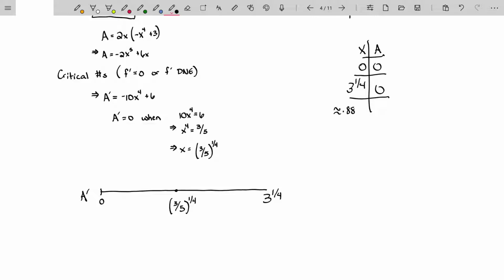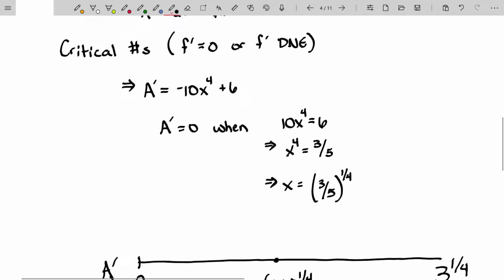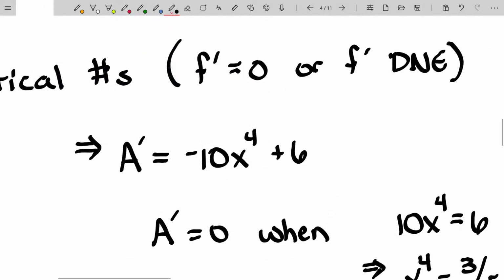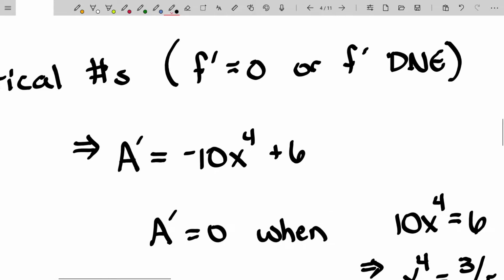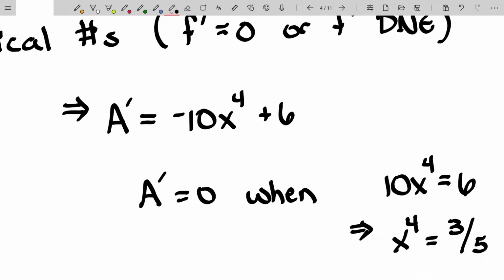You could plug in any number less than 0.88 into the derivative of A. I'm going to do a half. So if you plug in a half, 1/2 to the 4th power is 1/16. And so, -10 times 1/16 is less than 1.